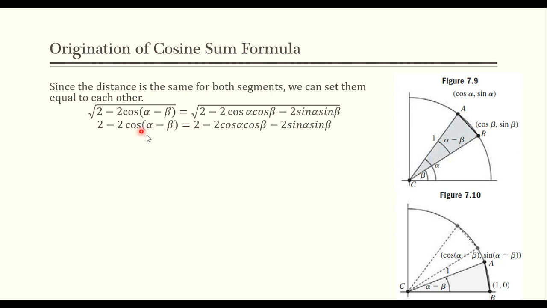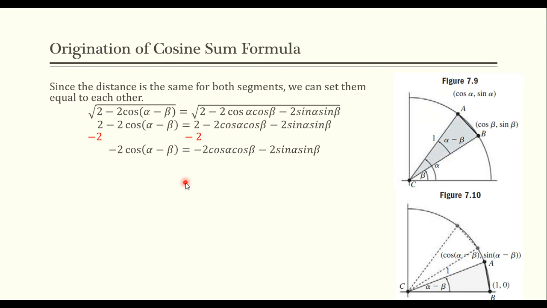So whatever I do to the left-hand side, I can do to the right. If I subtract 2 from both sides, what's left behind is negative 2 cosine(alpha minus beta) equals negative 2 cosine alpha cosine beta minus 2 sine alpha sine beta, right? All I did was square both sides and subtract 2 from both sides. As long as I'm doing things on both sides, I'm preserving equality, and I know these two things are equal based on my construction. Cool.